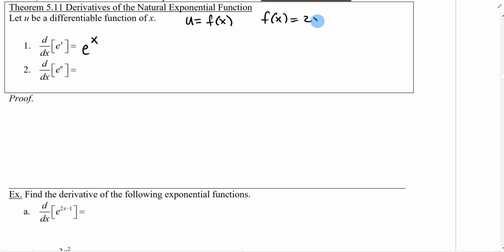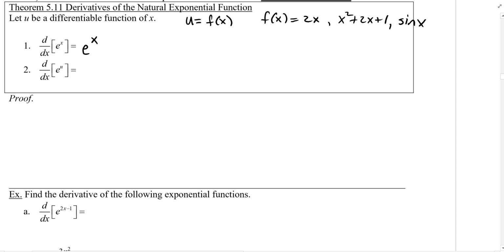It could be 2x, or x squared plus 2x plus 1, or even a trigonometric function, as long as it's differentiable. You can use the second rule. You may already know the gist of this: it's going to be e to the u, times the chain rule, whatever u prime is.